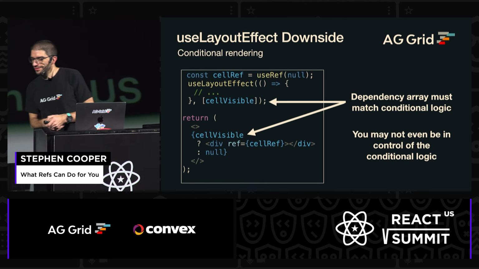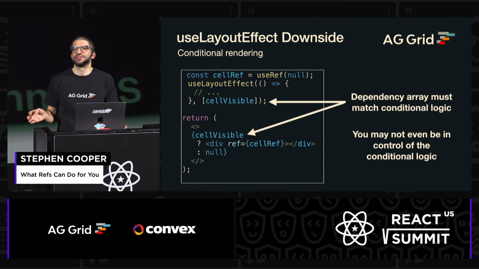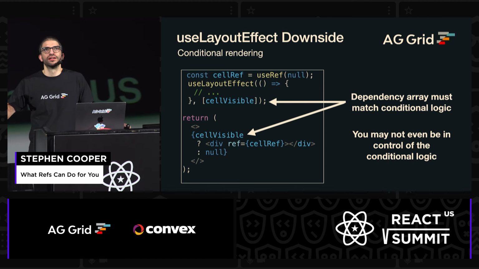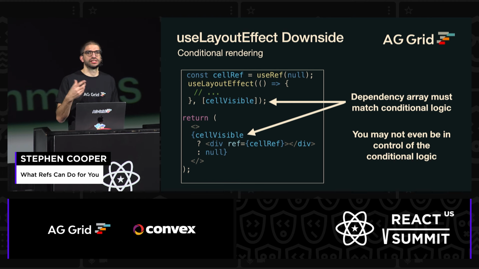Now, yes, we've got time. So if we come back to useLayoutEffect and the downsides to using it, it's because you have a potential issue if you're doing conditional rendering. If an element is conditionally rendered, useLayoutEffect will still run because it's tied to the lifespan of that component.